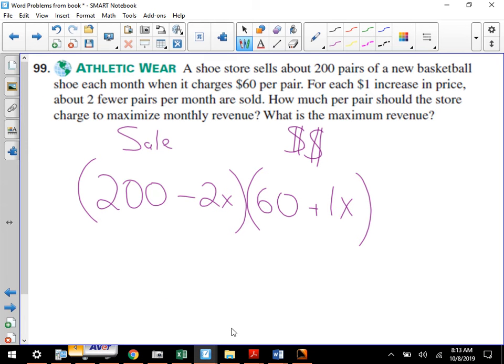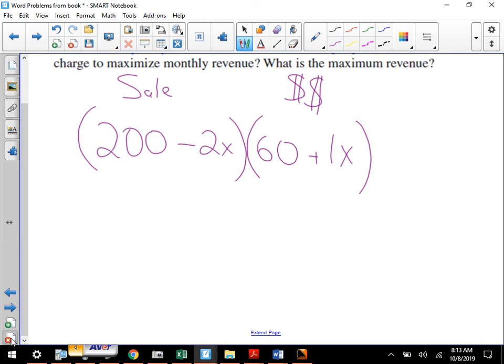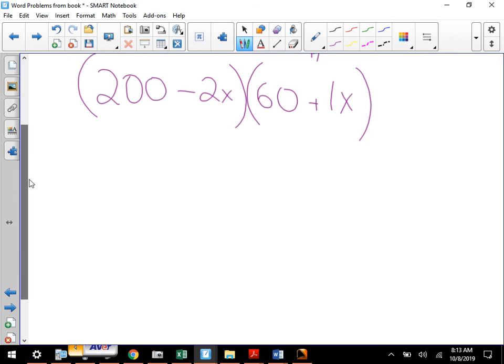So, in this case here, what form is that? It's intercept form. What does intercept form allow you to find? Your zeros, right? So if this is my intercept form, where are my 2 zeros?